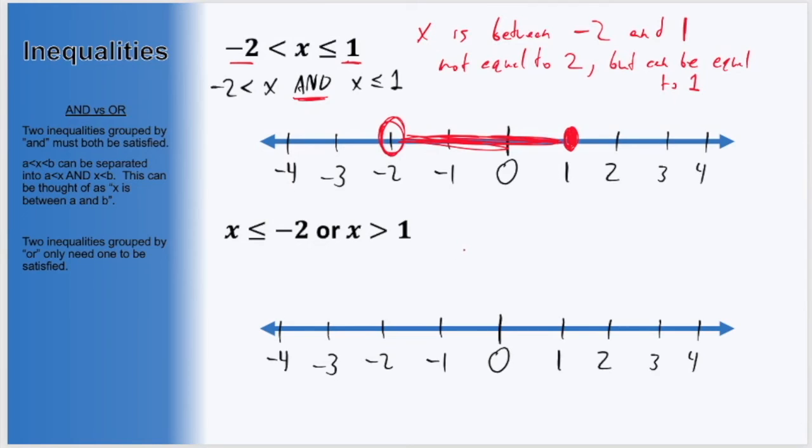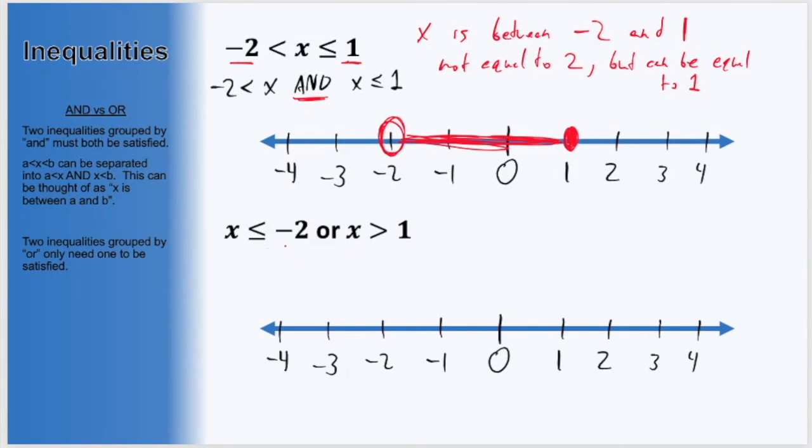On the other hand, if we now have two inequalities separated by an "or," as long as one of them is satisfied, that is enough. What this means for shading our number line is that we simply shade each inequality like we normally would, just on the same number line.